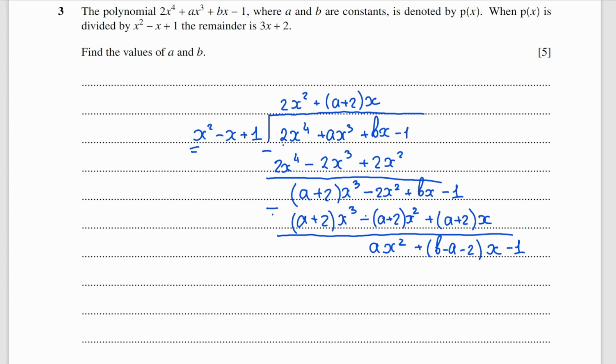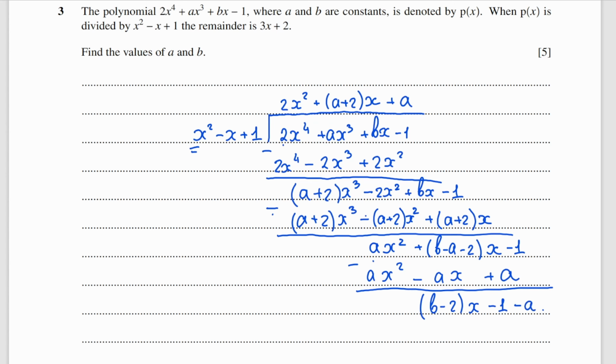Now I will have to multiply x squared by a, so I can get ax squared. And when I do so, I will get ax squared minus ax plus a. Subtract and get b minus 2, x minus 1, and minus a.